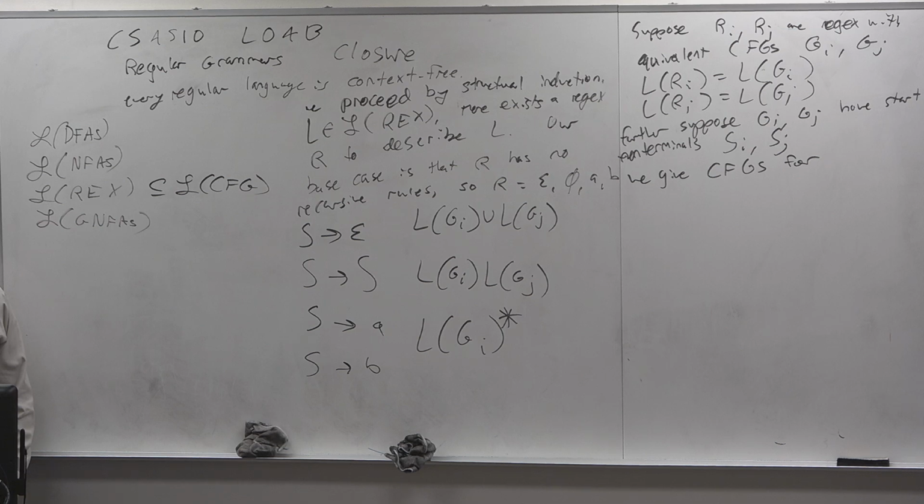Would it be like S goes to L of S? Not quite. So Si produces all of Gi, and Sj produces all of Gj. Everything in L of Gj has to follow from a sequence of productions when you begin with Sj, and so on for Gi.